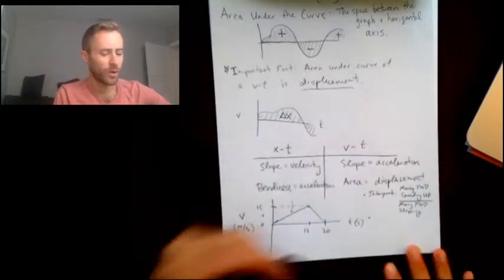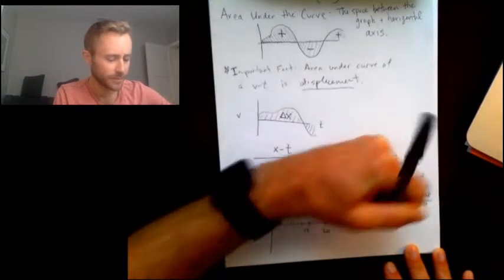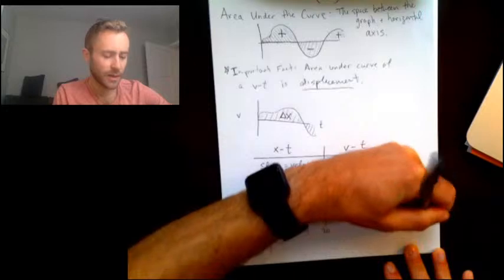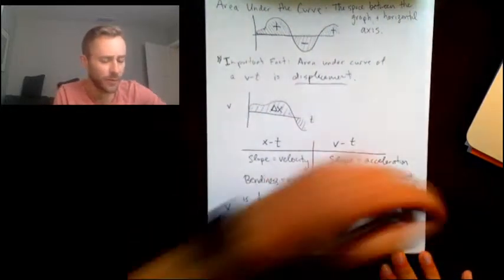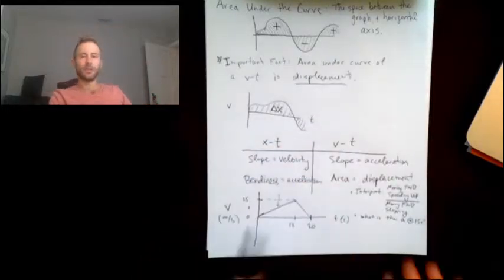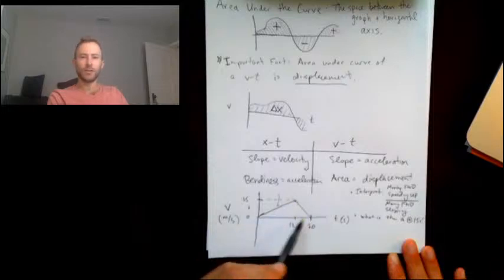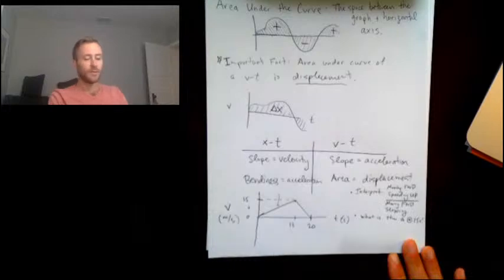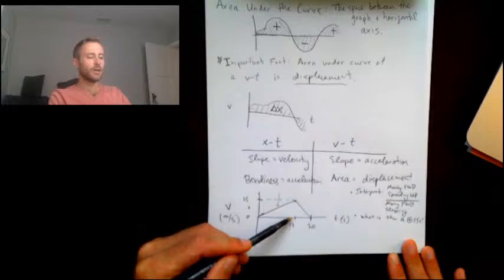Let's talk about what is the acceleration at, let's say, 15 seconds. 15 seconds into the journey, so we can see that we have two line segments, and there's a transition between the line segments at 13 seconds, okay? So 15 seconds is after this transition.